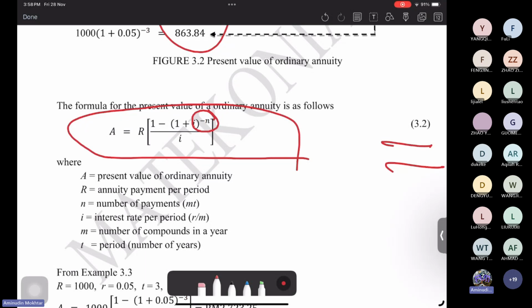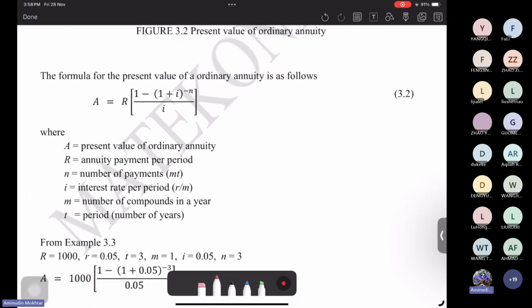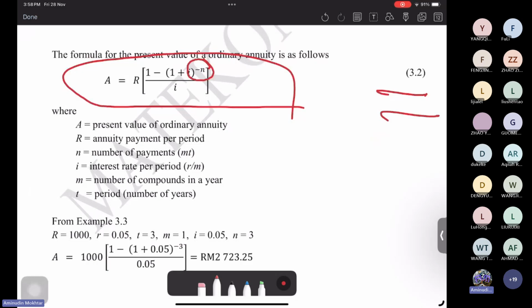There is formula 3.3.2. For example, again we have 1,000 ringgit that we deposit every month for 3 months. We want to know the present value of the amount.